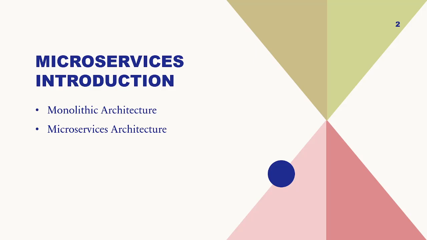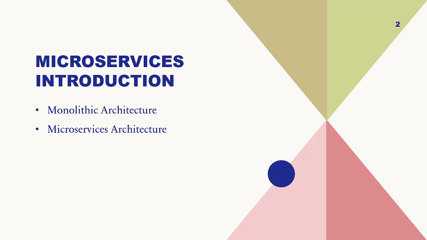This is a traditional model where all components of an application are tightly connected and function as a single unit. It's like building one large block where everything is interconnected. So a change in one part of the application affects the entire system.